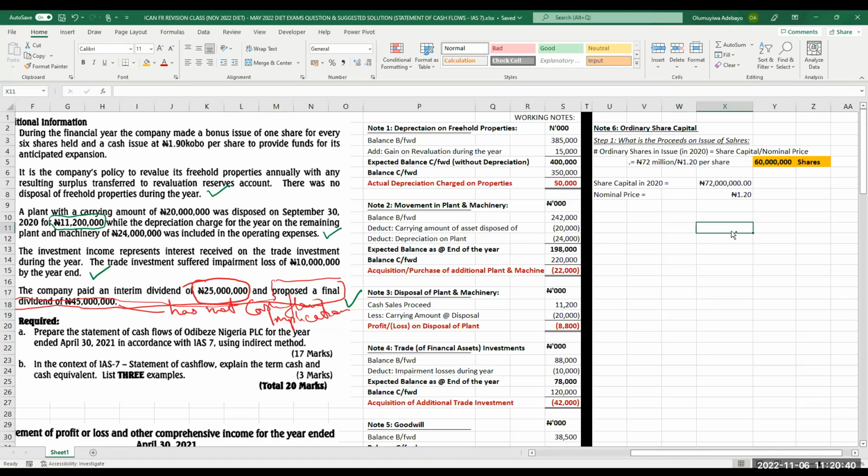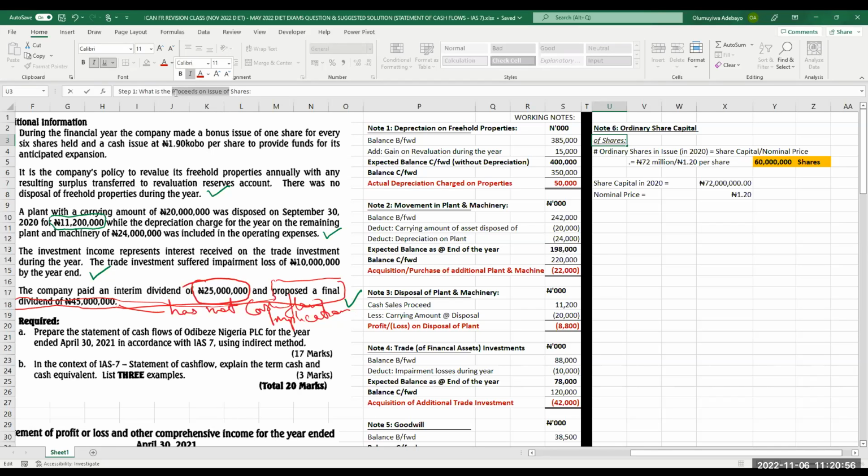Now, what do we do with the 60 million shares? Recall step 2. Step 1 is what is the number of ordinary shares in issue in 2020.